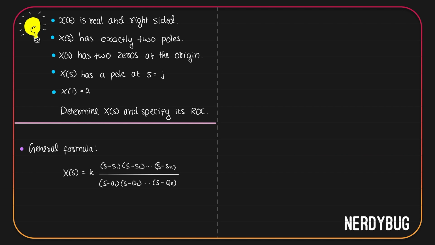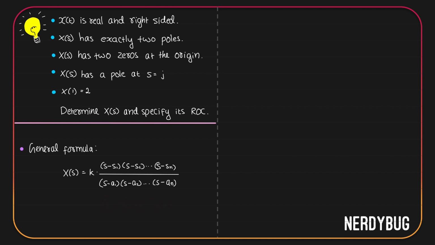According to this question, our x of s has two zeros at the origin. So on the numerator, we will get s minus s1 into s minus s2, where s1 and s2 are 0 because both zeros are at the origin.